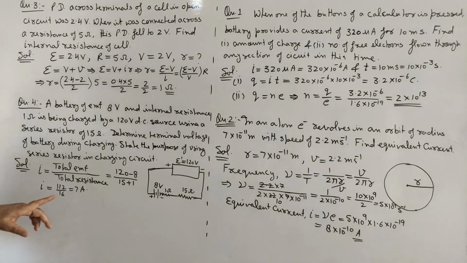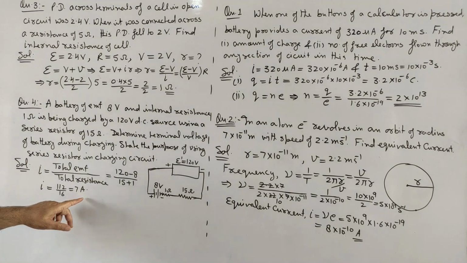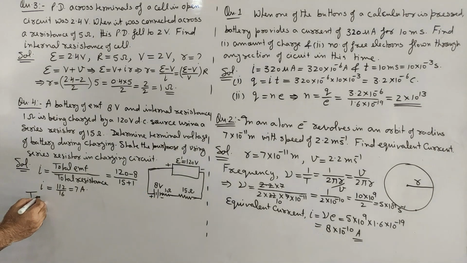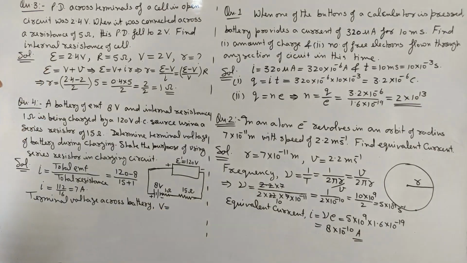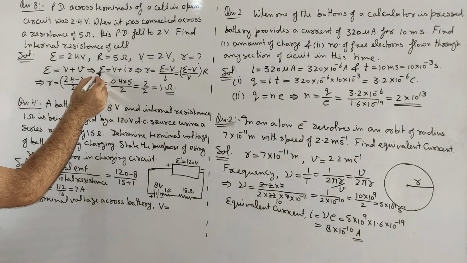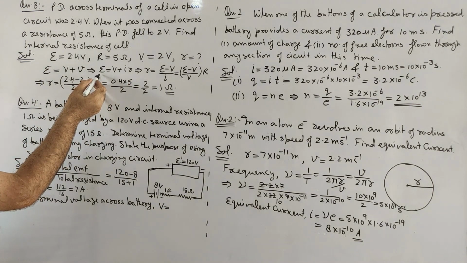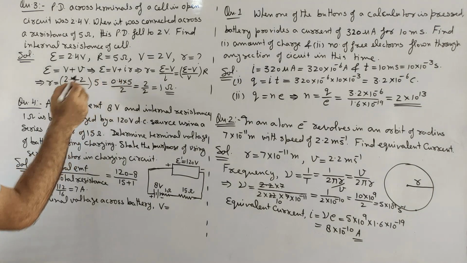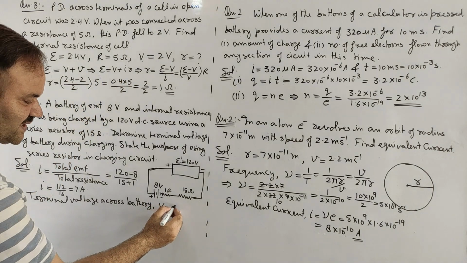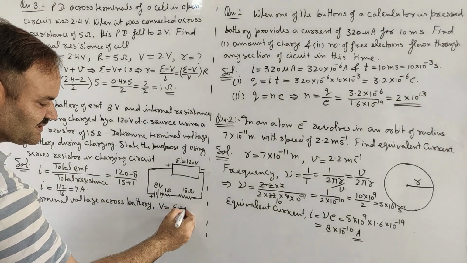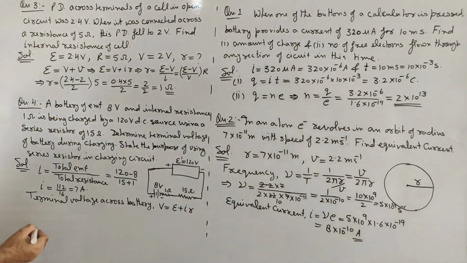And if current is 7 ampere, then the terminal voltage across the battery V will be E minus Ir, but I will be replaced by minus I, so this time it will be E plus Ir.